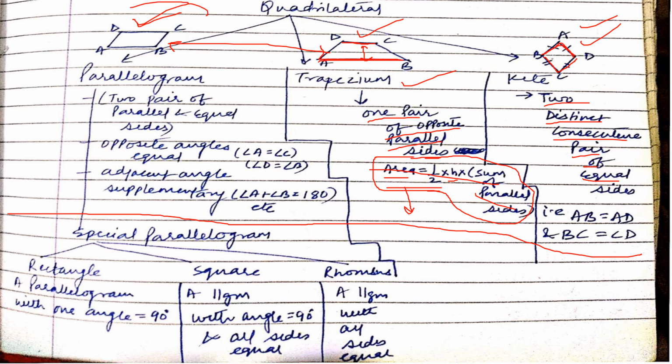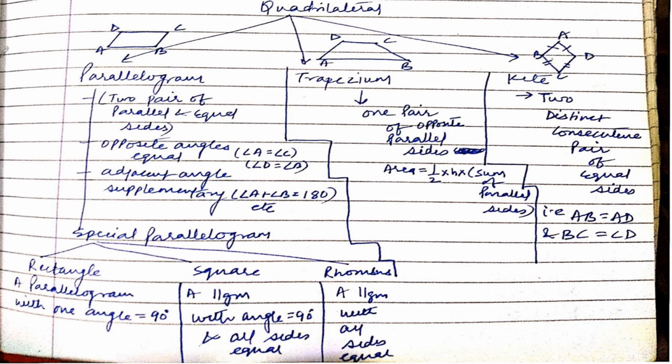You should concentrate more on the properties of the parallelogram. Now, let's see. This parallelogram is like a mango tree, or you can say the parent. It is a type of parent which has some special cases. So the special cases are rectangle, square and rhombus.